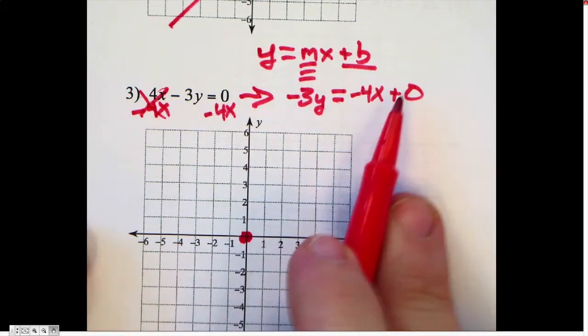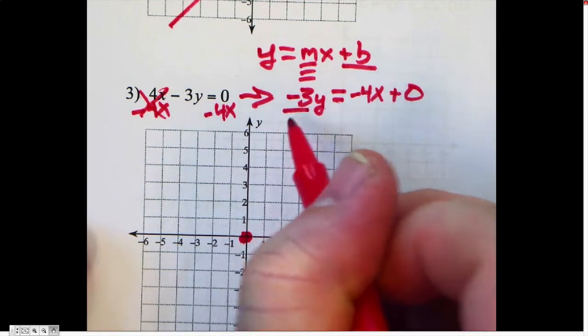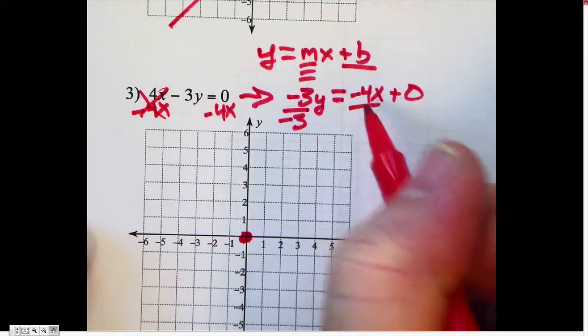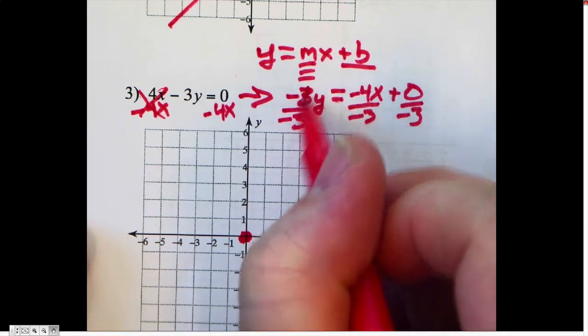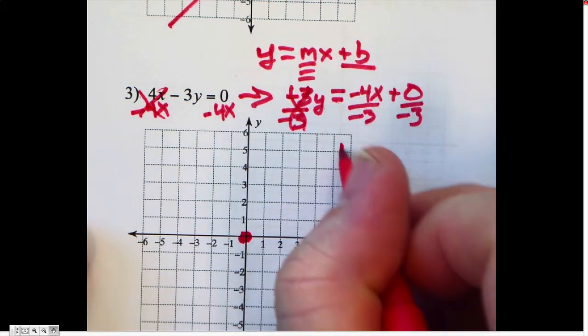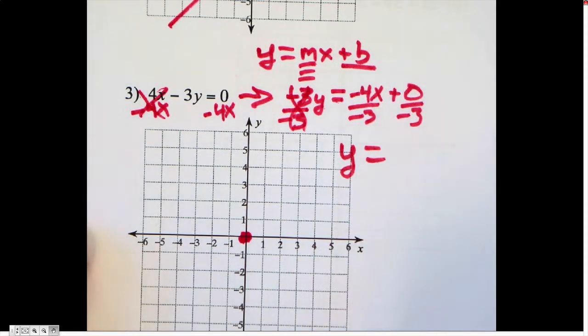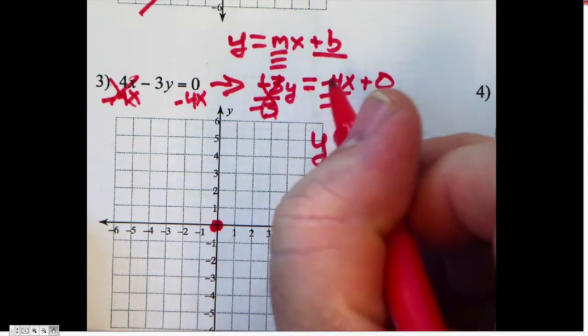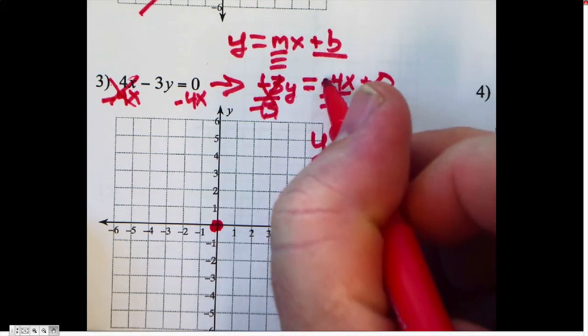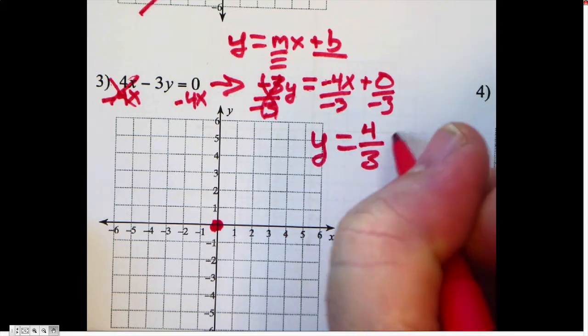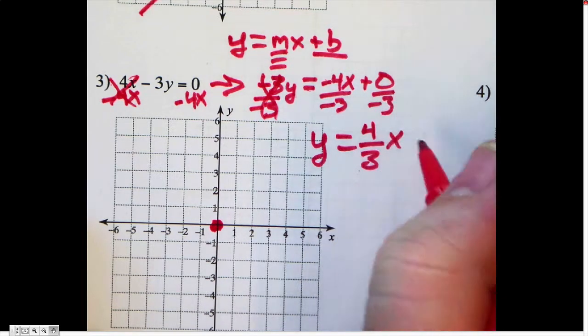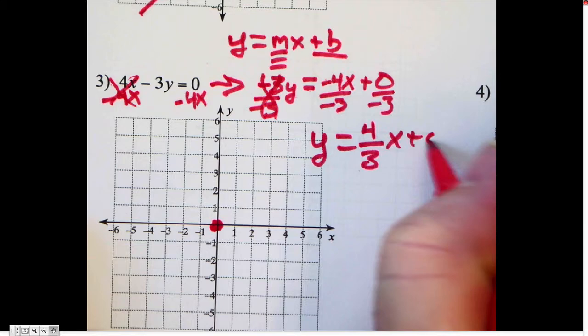We still have the 0 there. Now I'm going to divide by negative 3 on every term. That goes away, leaving me with y equals, and we have negative 4 and negative 3, so those negatives cancel out, and we just have 4 over 3x, and 0 divided by negative 3 is plus 0.